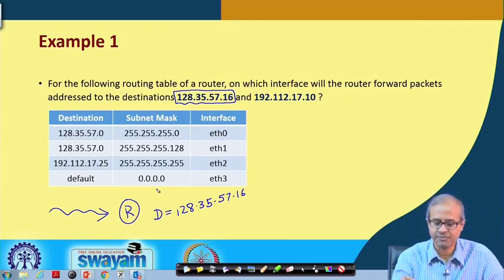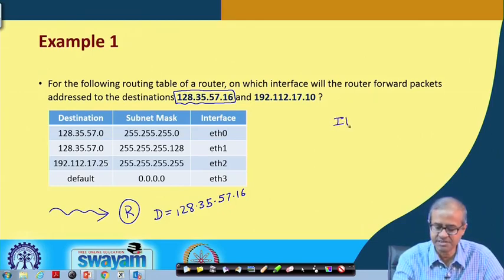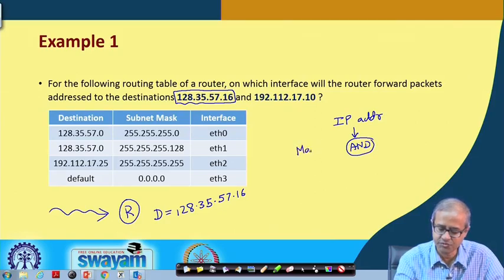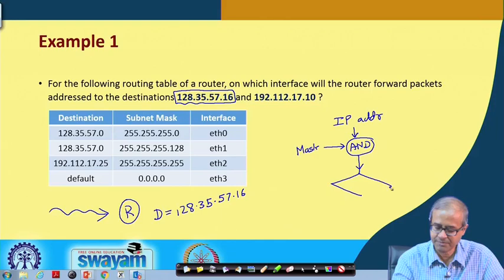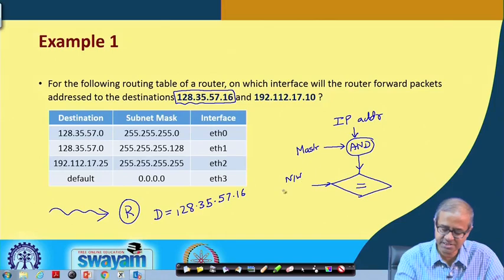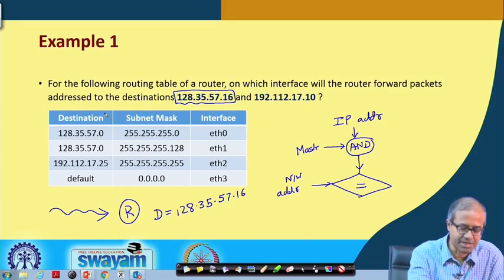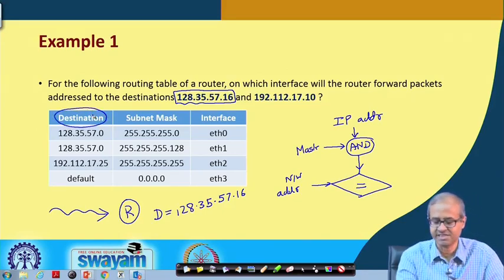So, here what do we do? The rule is as follows. We have the IP address, which we already mentioned earlier. With the IP address, we do a bit by bit AND with the subnet mask that is specified, and whatever you get after doing this ANDing, we compare whether it is equal to the network address or the host address which is specified in the routing table, here in this destination field.